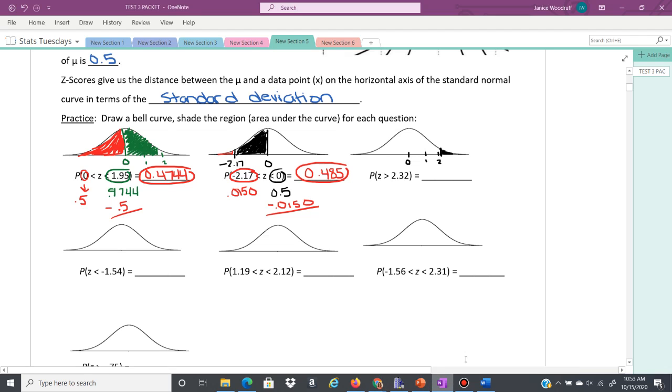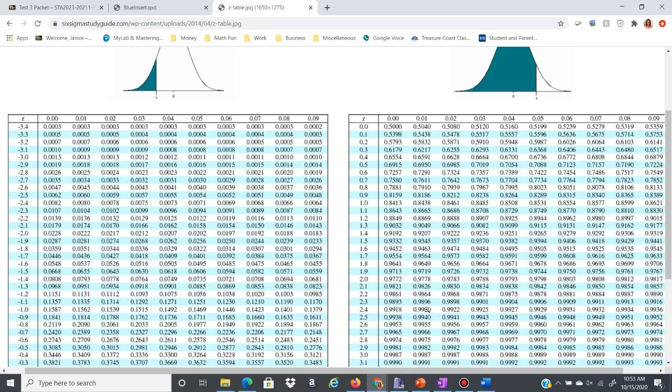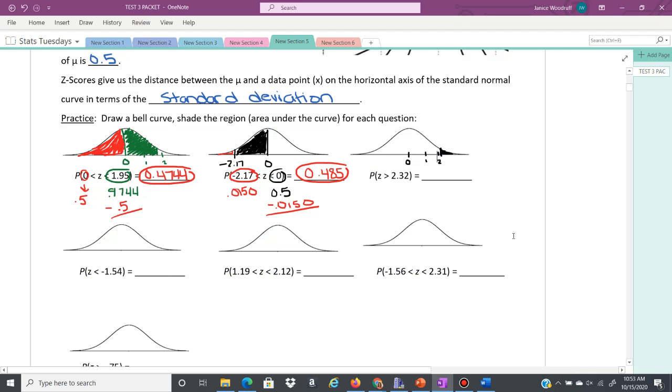Okay, so I have 2.32, yeah. So 0.9898. Okay, but that doesn't seem right because that's not a small part of the graph. Remember the z-score gives you the area to the left.